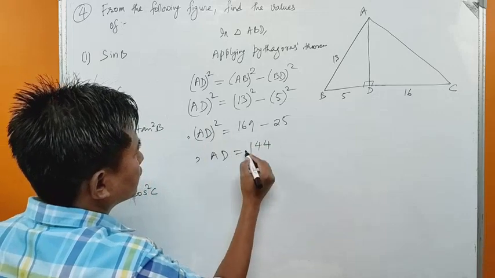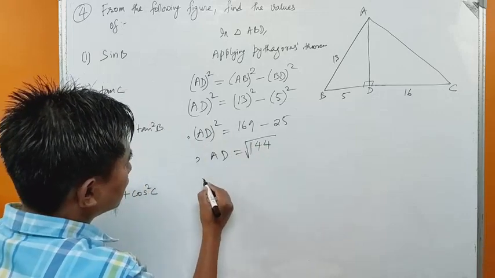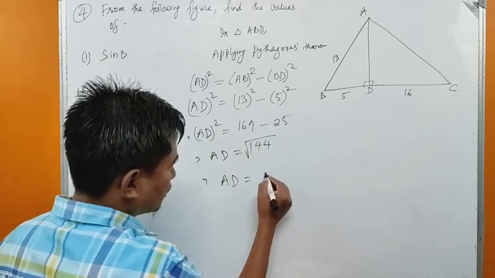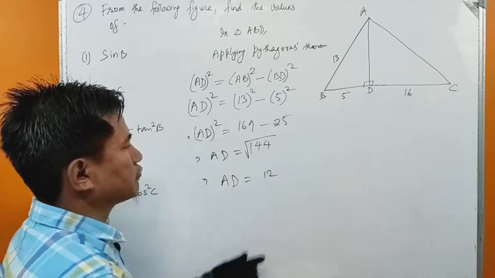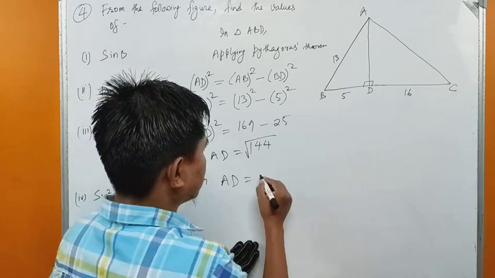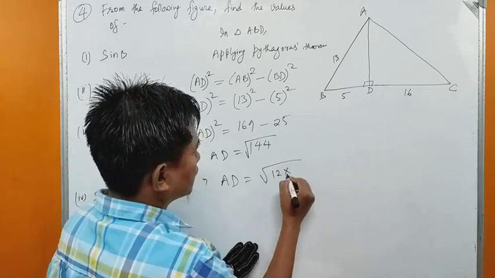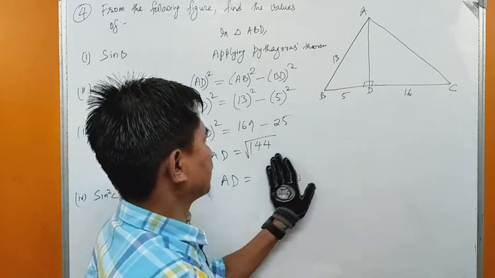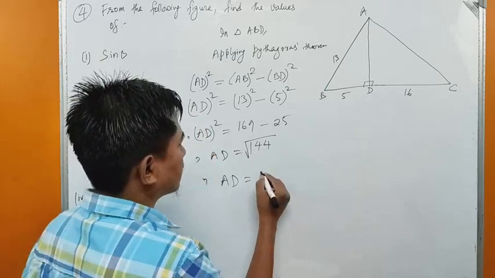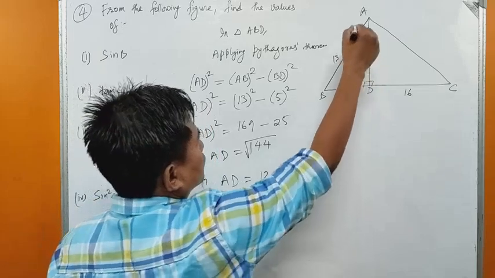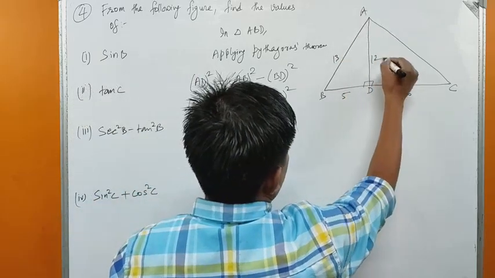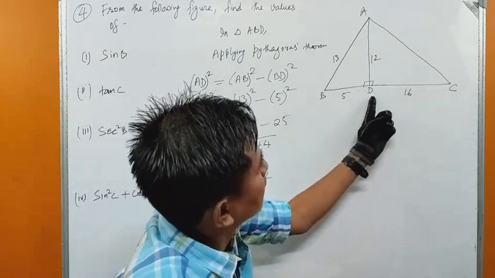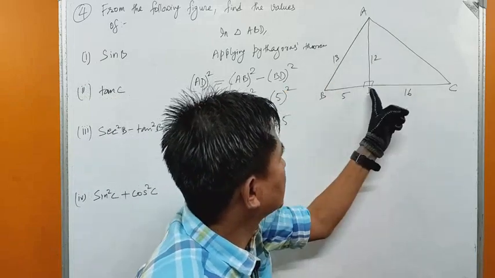So square when we take to the right hand side becomes root under, or AD equals root under 144, which means 12. 12 squared is 144, so we make the pair and free from the root. So root under 144 means 12. So AD is 12.